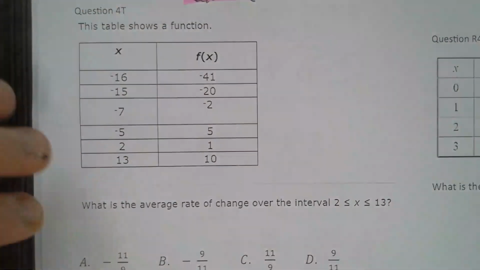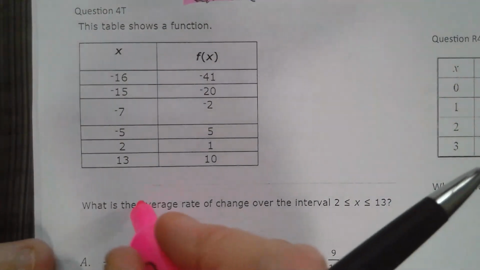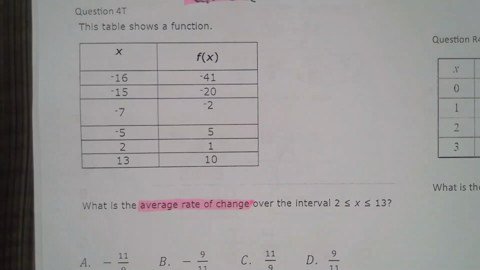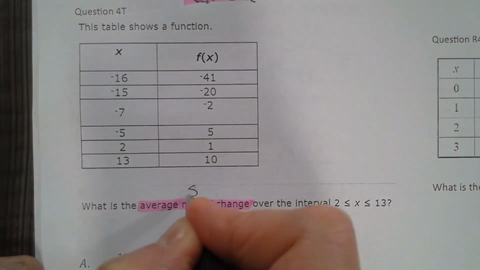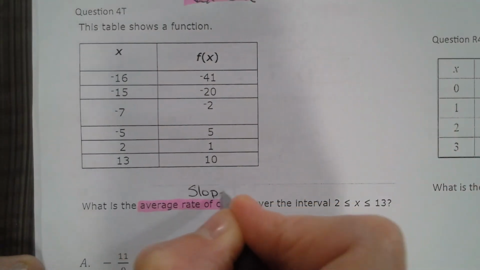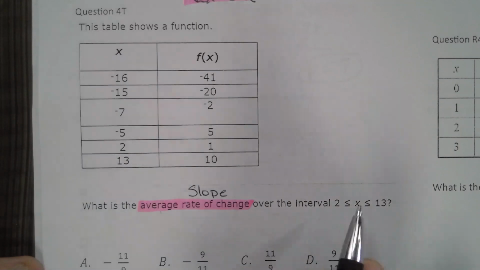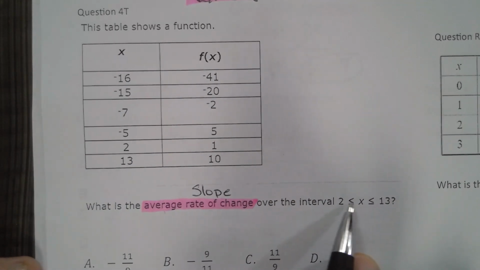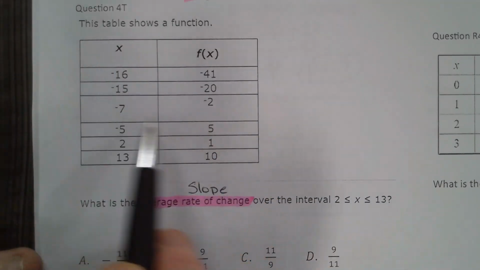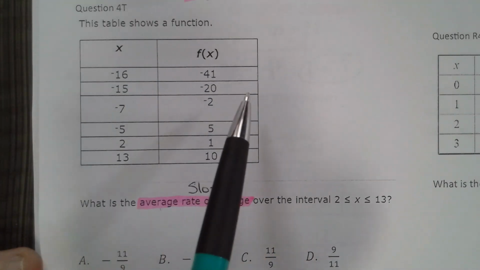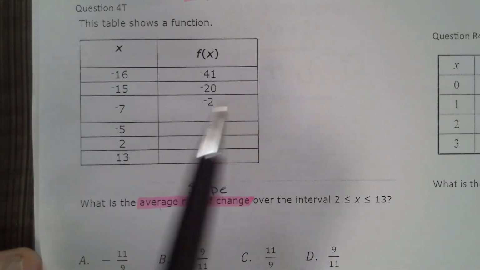All right, number 4, average rate of change. Average rate of change is the slope. The reason why we call it average rate of change is because we have to actually take an average over an interval, because when we are dealing with a function that is not linear, the slope is not the same everywhere.